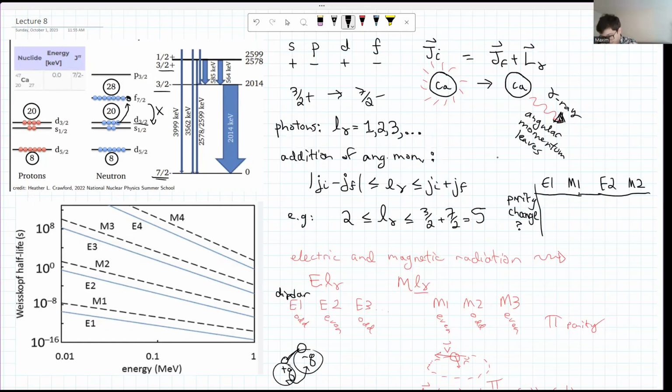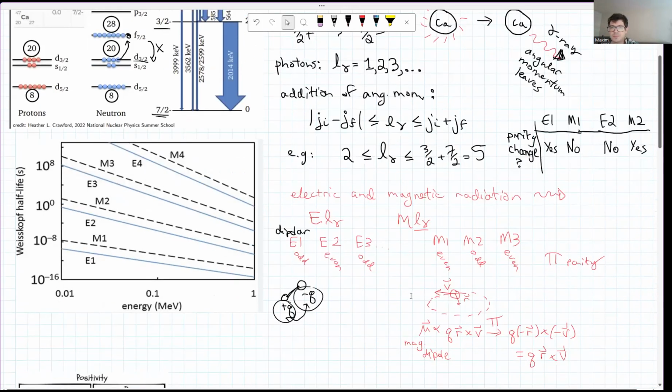And the answer is yes for E1, because that's odd parity, and no for M1, because that is even parity. And E2 is even, but M2 is odd parity again, so that one corresponds to a change in parity between the initial and final states.